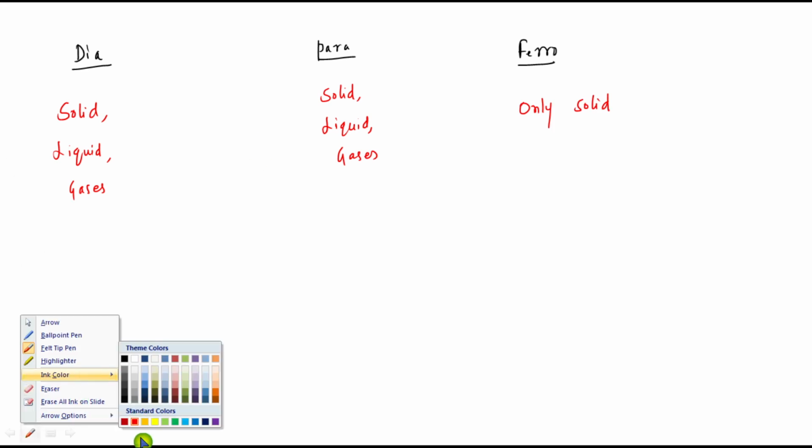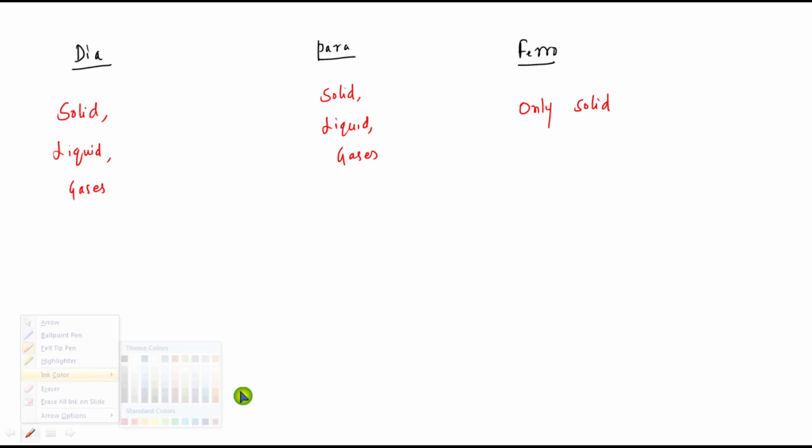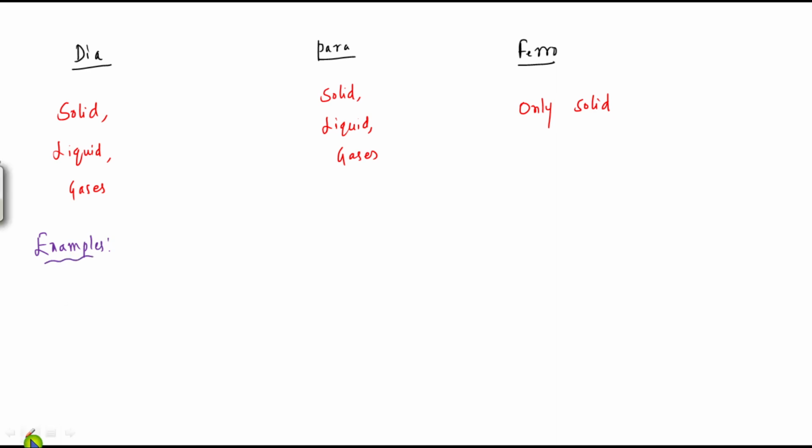Coming to examples, for diamagnetic materials: water, copper, mercury, gold and hydrogen.